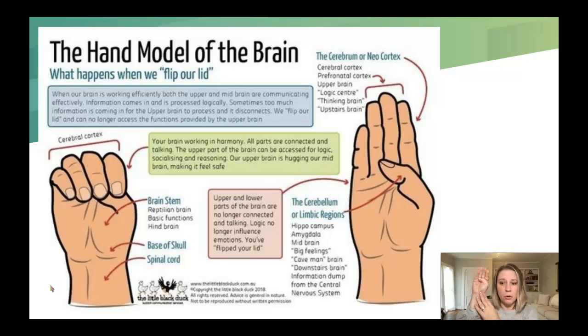Okay. Then if you open up your hand, your thumb will represent your limbic system. Your limbic system is the midbrain. And here in these limbic regions, you'll find things like the hippocampus and the amygdala. All mammals have this part of the brain. This is the part of the brain that reacts in a split second to perceived threat in our environments. Now, it's not the part of the brain that makes plans on how to help us overcome threat.